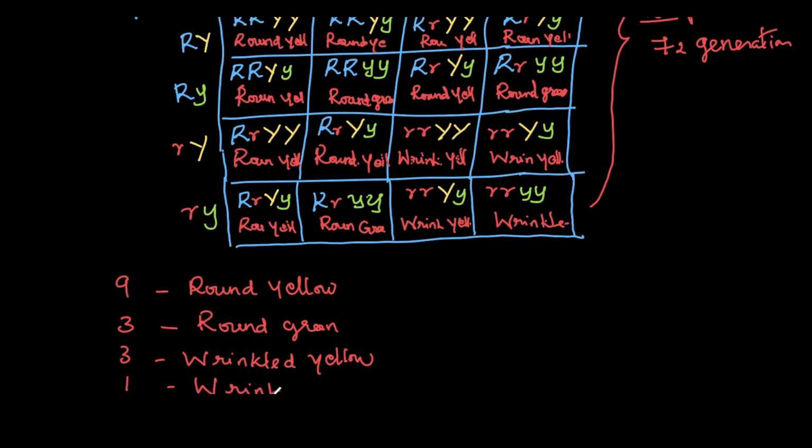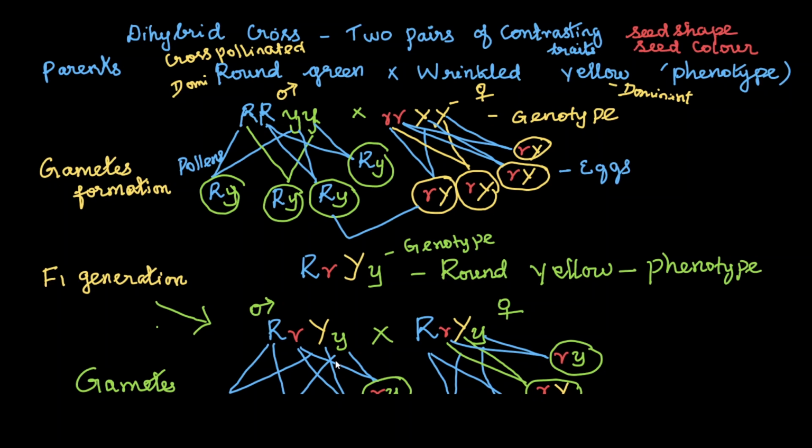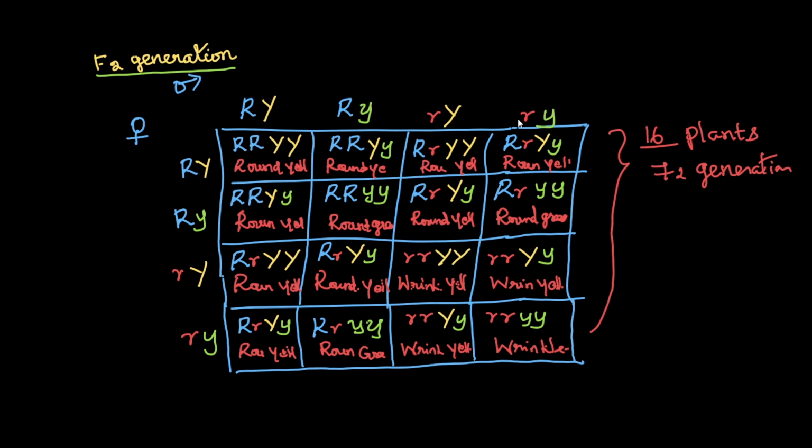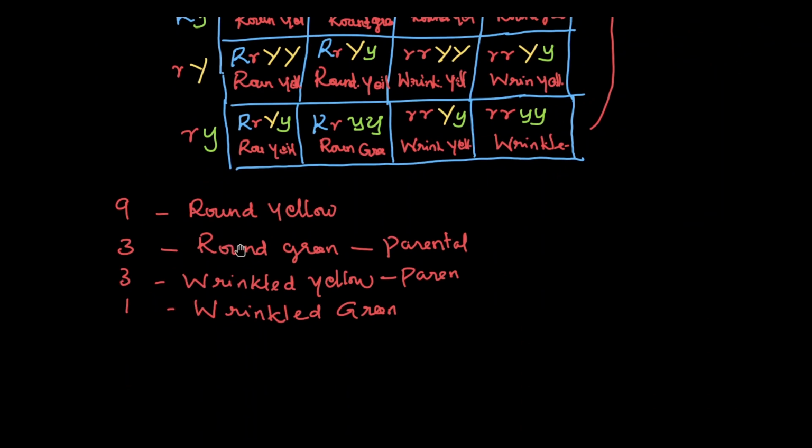In this gene combination, what are the parental combinations? Round green is a parental combination, similar to the parent, and wrinkled yellow is similar to the parent. You can see the parents, round green and wrinkled yellow.